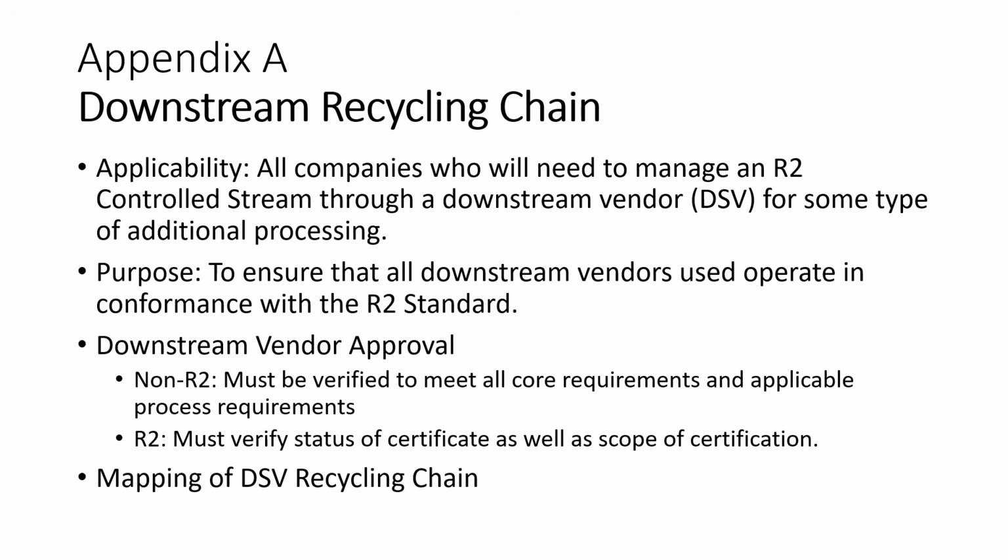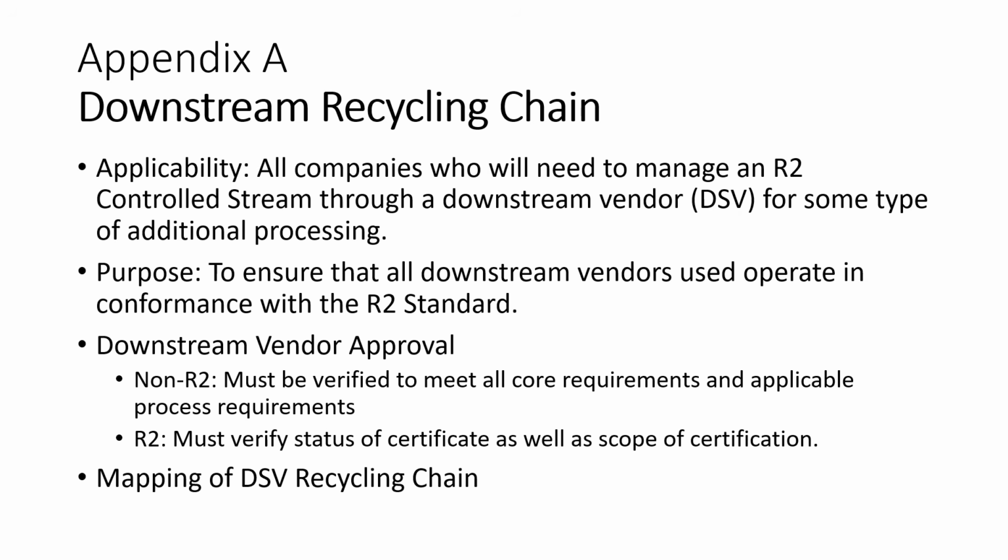So if we send electronics or a controlled stream to a non-R2 vendor that we've approved, we would then need to find out where they are going to send equipment. And every subsequent tier beyond until that equipment was processed either through end of life or no longer met the criteria of an R2 controlled stream, which we talked about is defined in the REC.